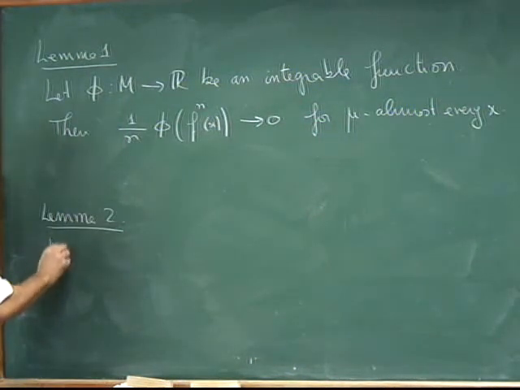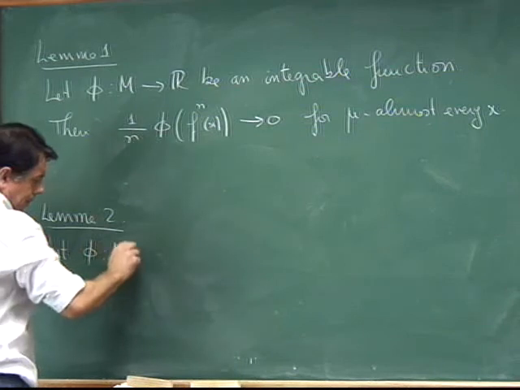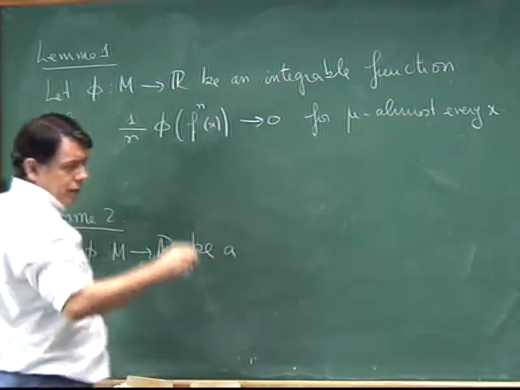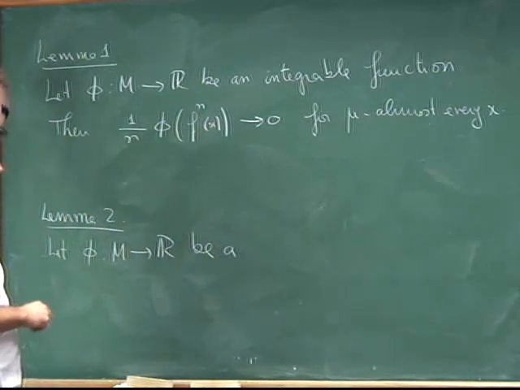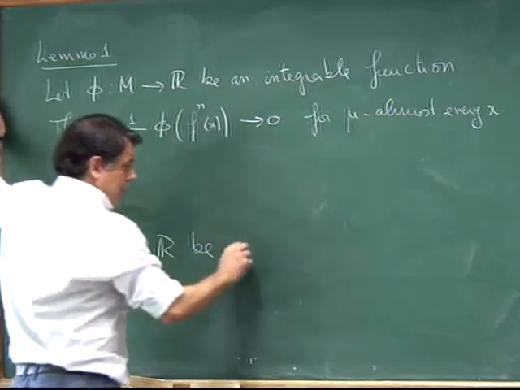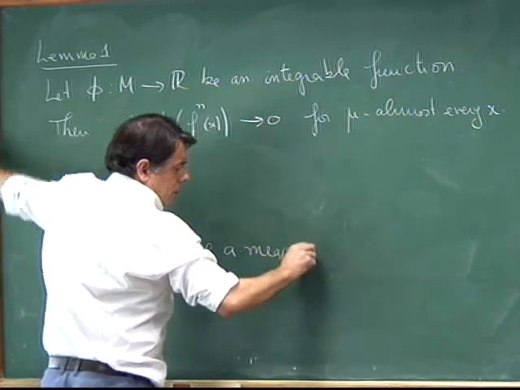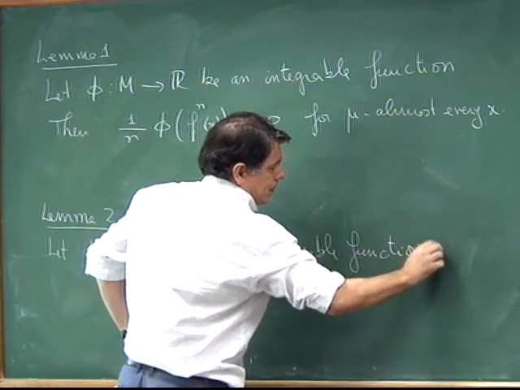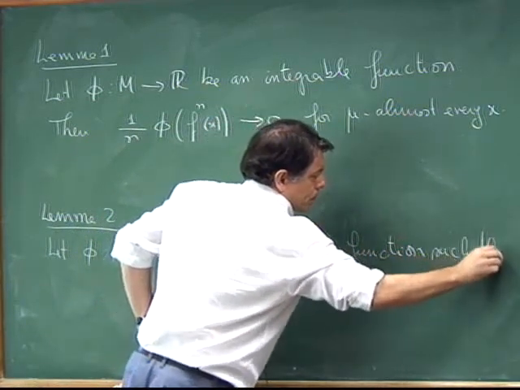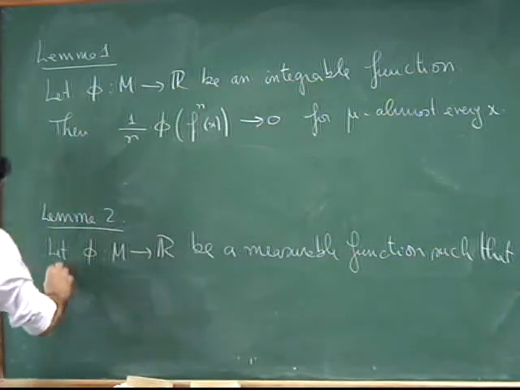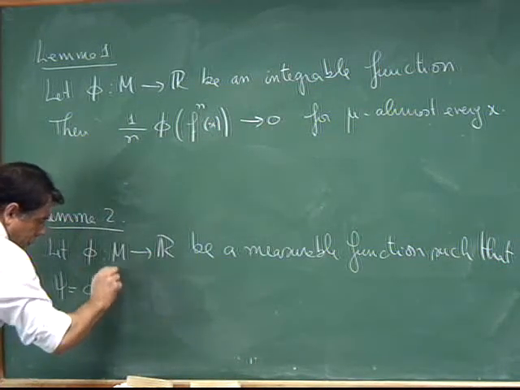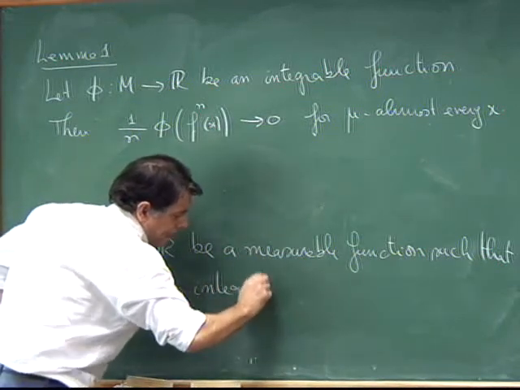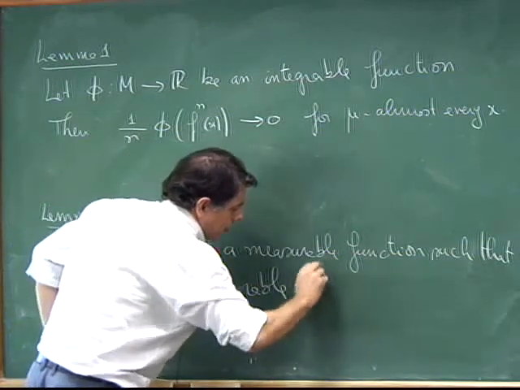Lemma 2. Let phi be a measurable function such that psi equals phi composed with f minus phi is integrable. I actually already corrected the text, but I'm not sure that I uploaded it on the web.